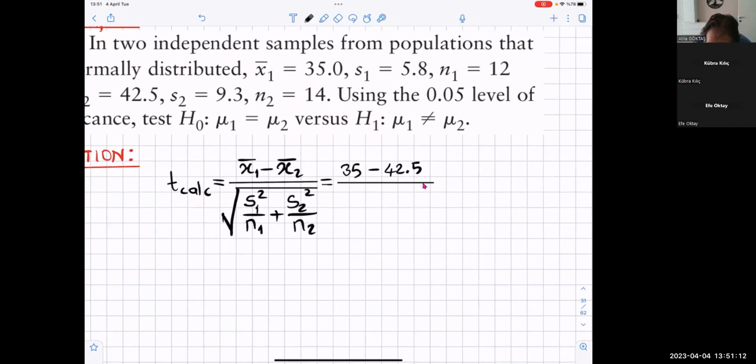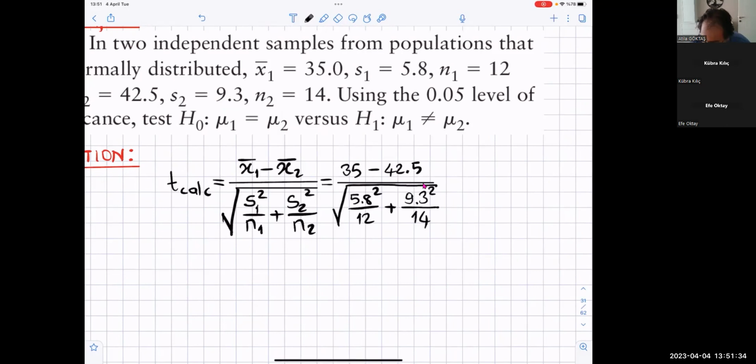So 5.8 squared divided by n1, which is 12, plus 9.3 squared divided by 14, all within the square root.